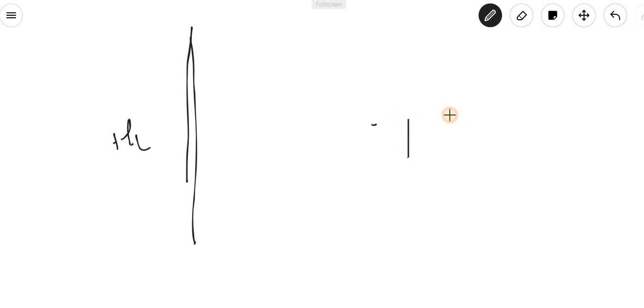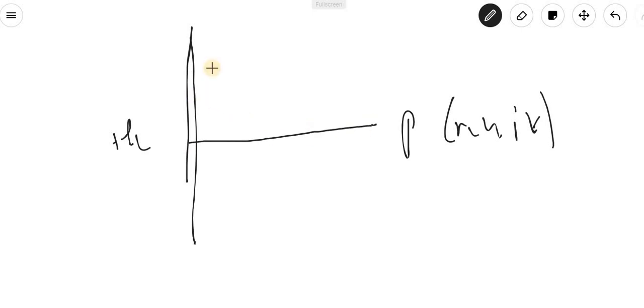So now for rho L, the line distribution, plus or minus rho L. For any point P, what will be the electric field intensity?